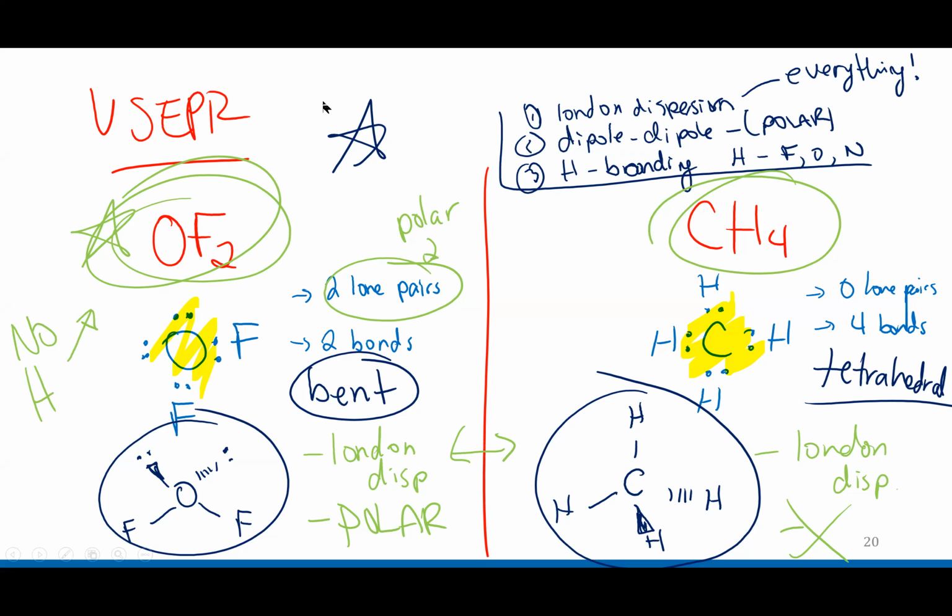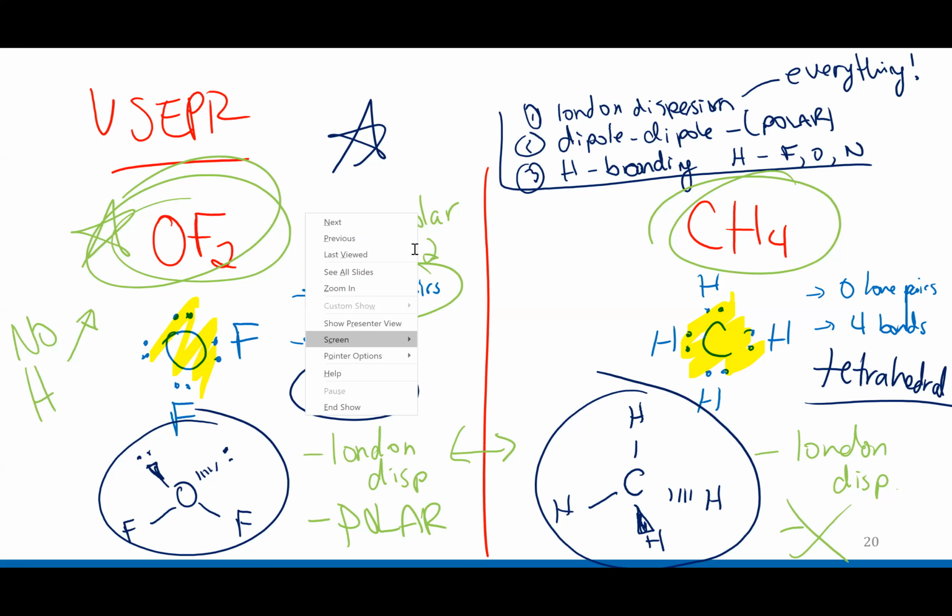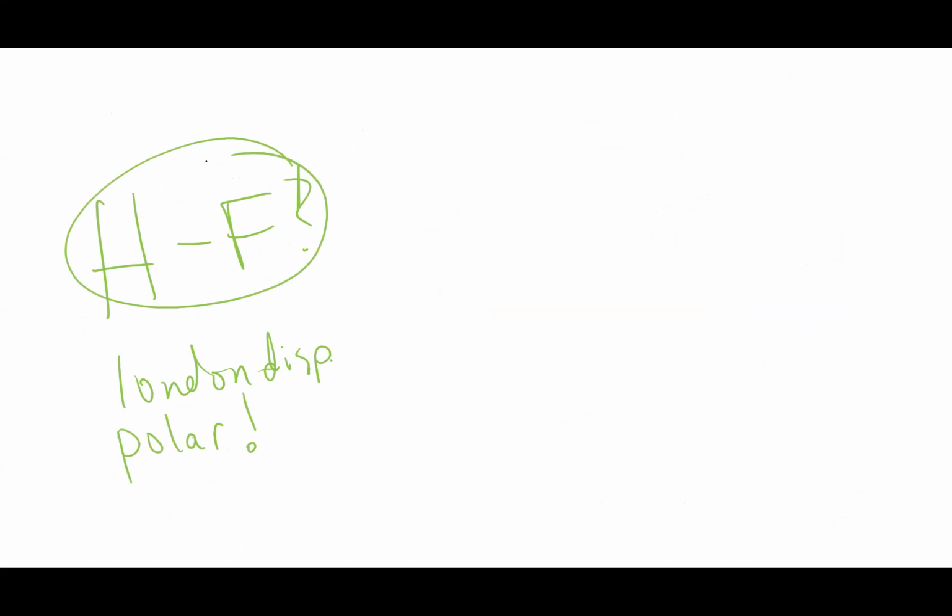Yeah, so Abdullah, I have 2 questions from you, so let's look at that. Abdullah asks, what about HF? Well, HF obviously has London dispersion. It's definitely polar because it only has 2 atoms and they are different.